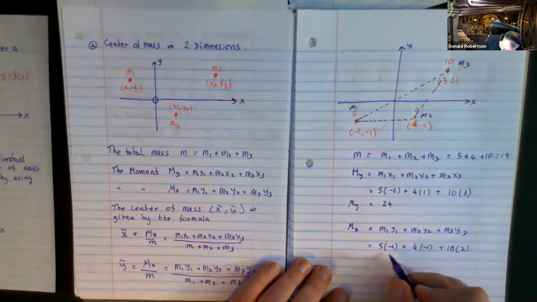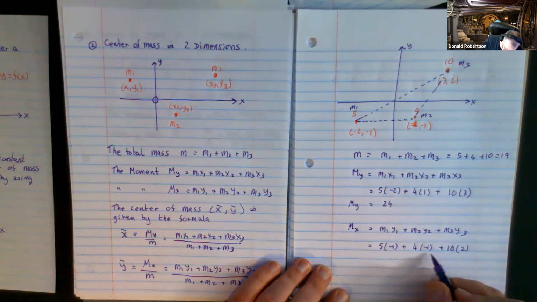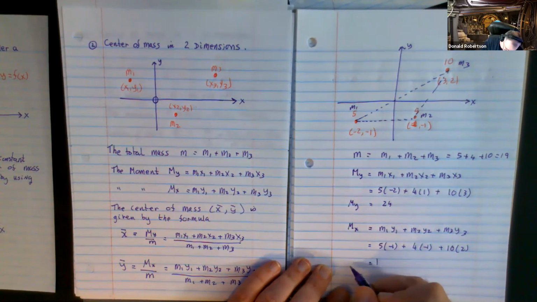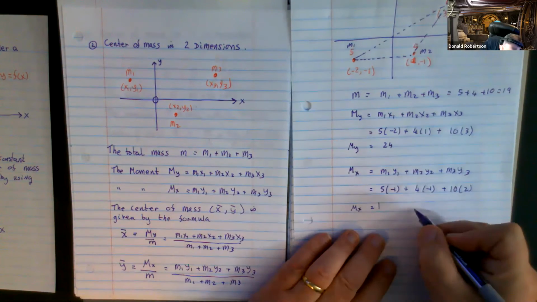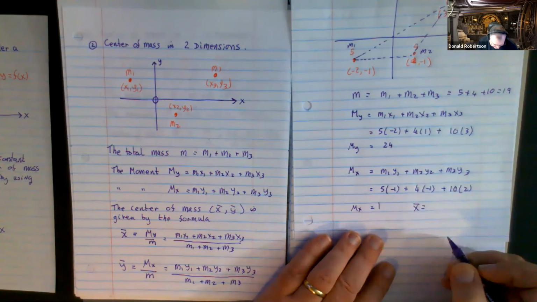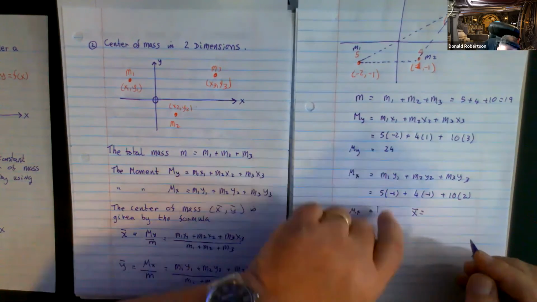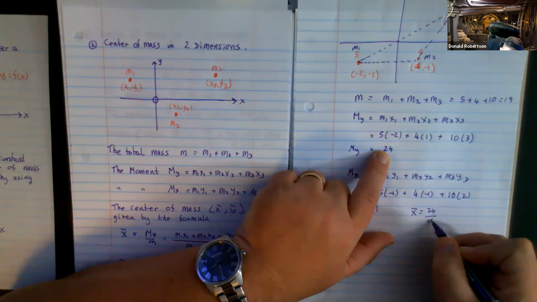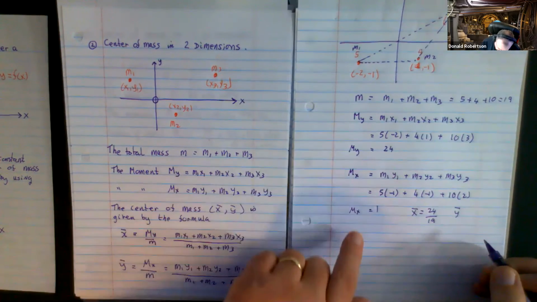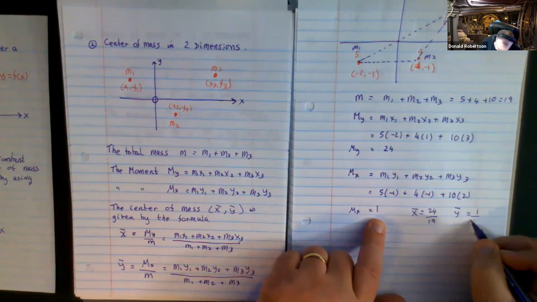And I believe I get out of that 1. So x bar is going to be 24 out of 19, and y bar is going to be 1 out of 19.